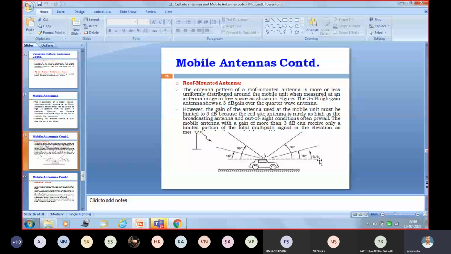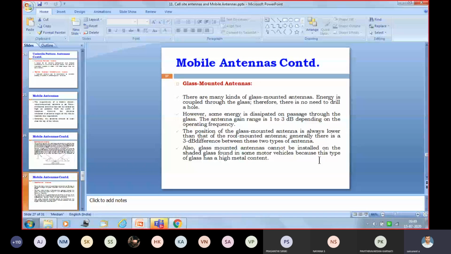Your cell phone screen is made of glass. On one side of the glass, antennas are fixed for transmitting and receiving. That's why this is called glass mounted antennas. The antenna gain for this glass mounted antenna is 1 to 3 dB.